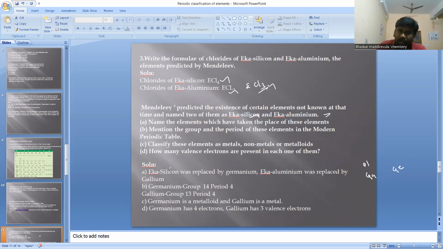Already we said, Eka silicon was replaced by germanium and Eka aluminum by gallium. Next, mention the group and period of these elements in the modern periodic table. Germanium will go to group 14 and period 4, and gallium will go to group 13 and period 4. I'll show that.